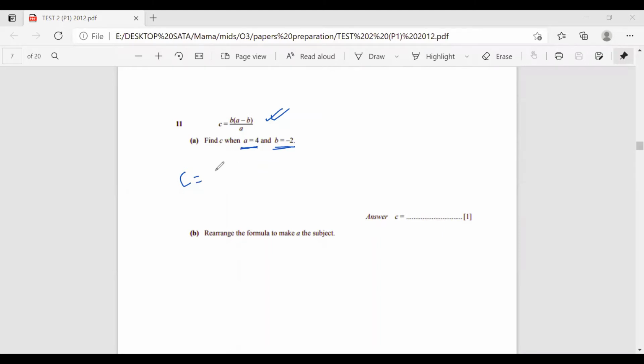The value of b is given as -2, the value of a is 4. Minus negative and negative sign will add up and give positive, upon 2 divided by a. The value of a is 4. After cancellation, you will get 2 times 2, and this is -6 by 2, and 2, 1 and 2, this 3, and my final answer for c is -3.